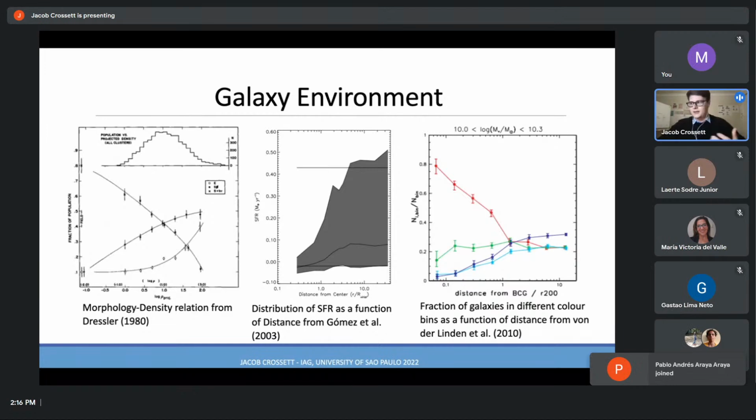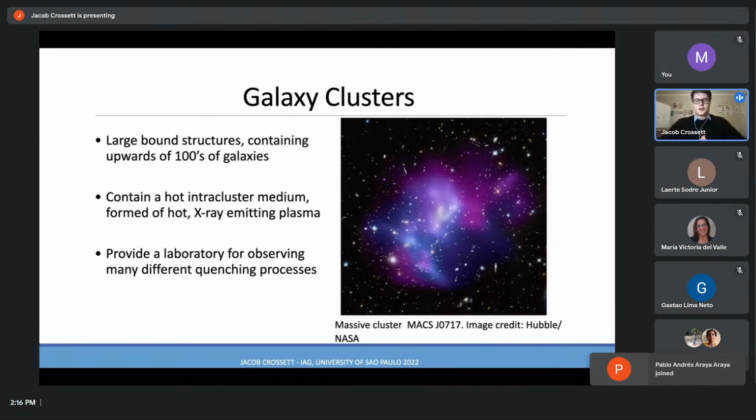Now, what do I mean by dense structures? So the archetypal kind of environment or dense structure we're speaking about is always the galaxy cluster. Now, this is a large gravitationally bound structure of hundreds of galaxies, all within close proximity to one another.